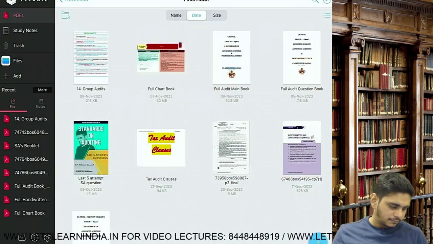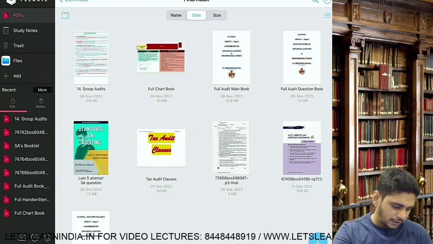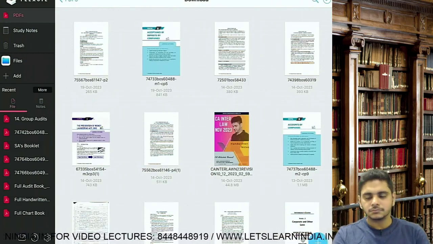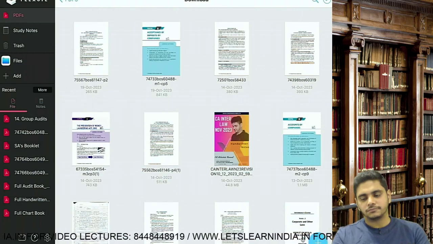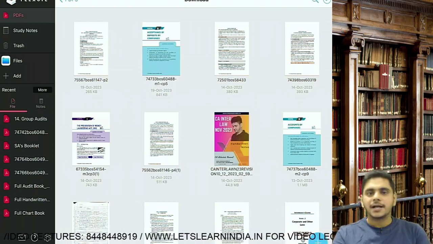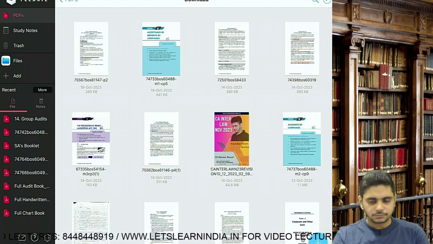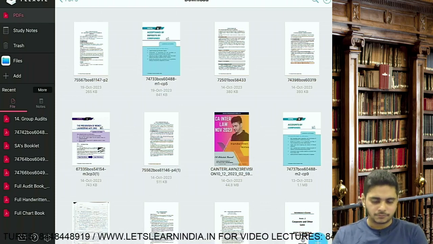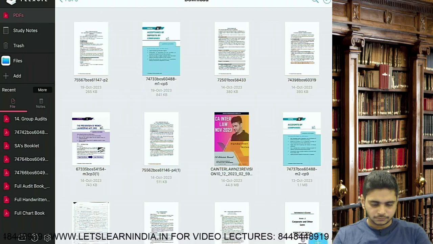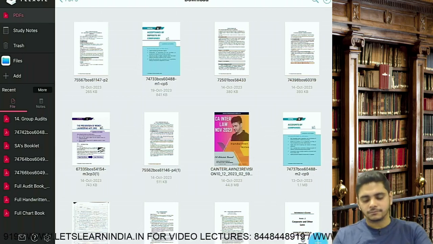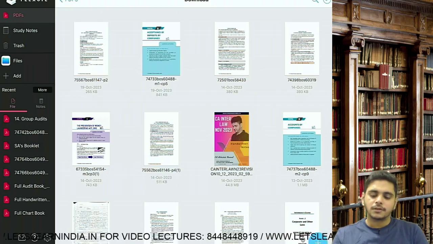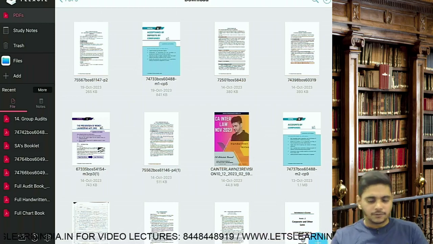The auditor should verify that pre-acquisition reserve has been allocated appropriately between the parent and NCI.